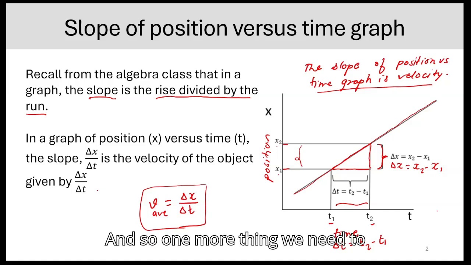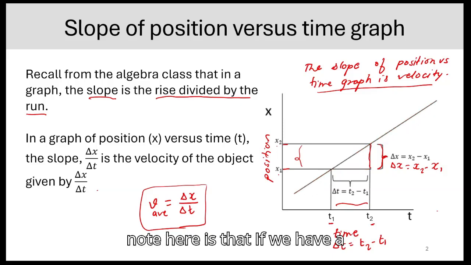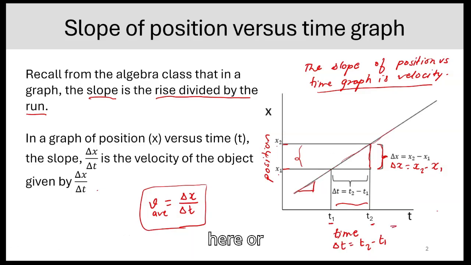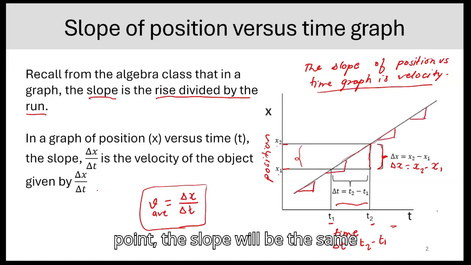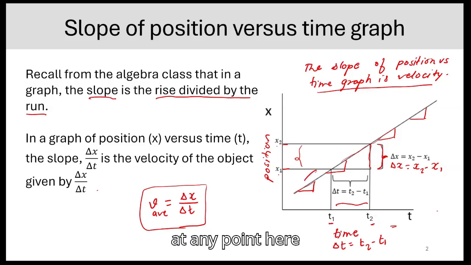One more thing we need to note is that if we have a straight line, like here, and we take the slope here, or here, or here, at any point, the slope will be the same. Because it's a straight line, the slope at any point will be the same.